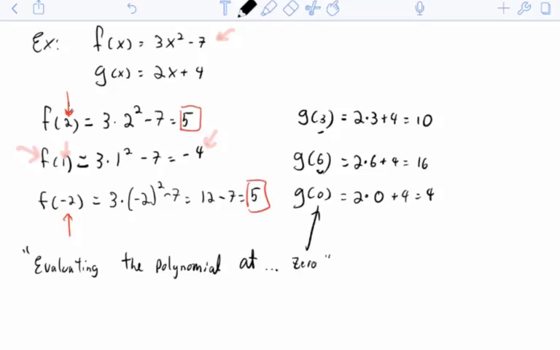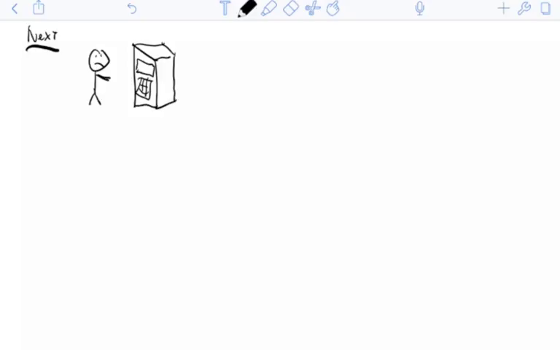So, next. Let's go back to our person on the street with a big stupid box, number box. Here's your keypad, boop, boop, boop. Here's the number. And guess what? Your boss showed up.